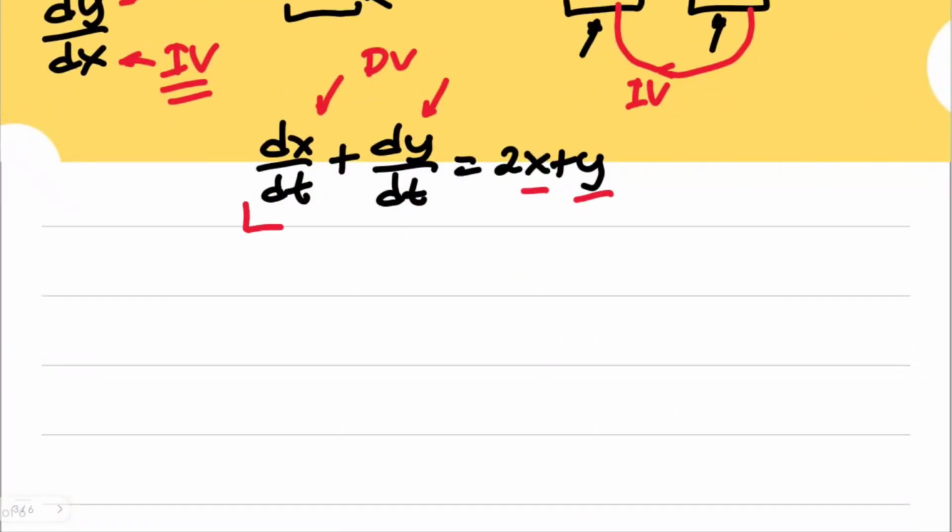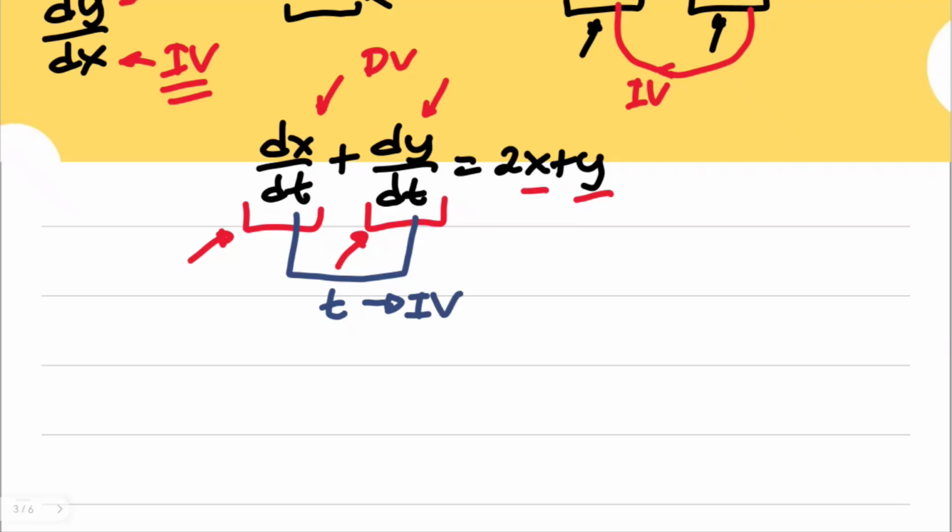The first is the ordinary derivative of function x with respect to t, and this is the ordinary derivative of function y with respect to t. Even if we have two functions now, our independent variable t is still the same. We have a singular independent variable, so this is still an example of an ordinary differential equation.